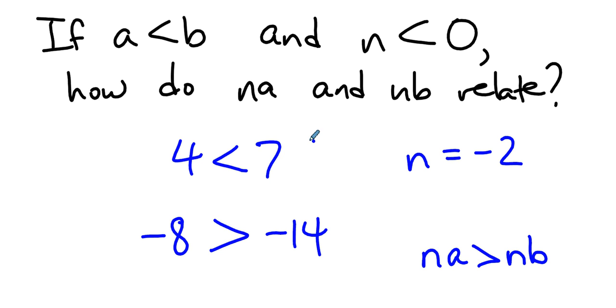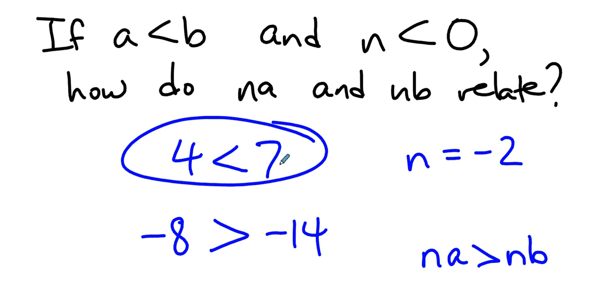Well, on the a less than b line, b is farther away from 0. It's a bigger number than a is. When we multiply by a negative number, this number is bigger in magnitude, but it has switched sides of 0.